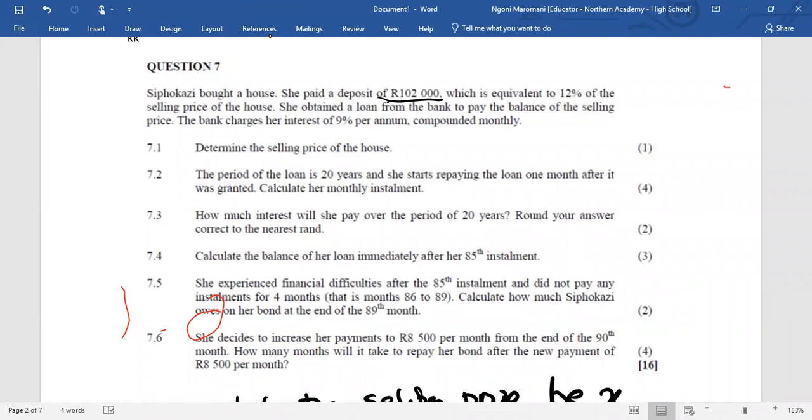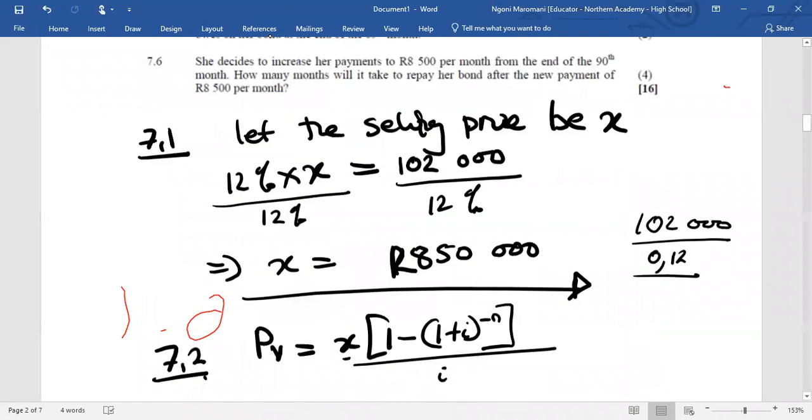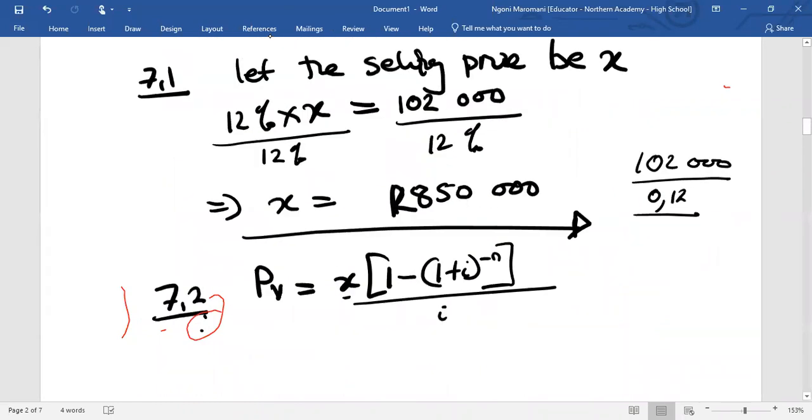So how much money was borrowed from the bank? 748,000. How did we get that one? You subtract 850,000 minus 102,000. So our present value is equal to 850,000 minus 102,000. Are you agreeing with me there?